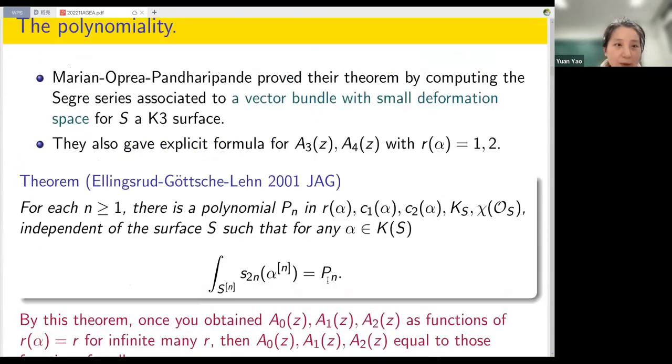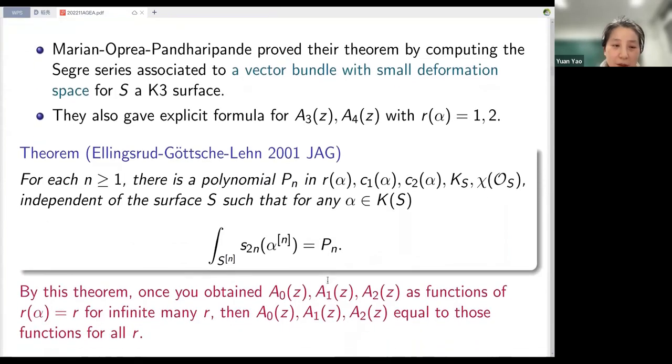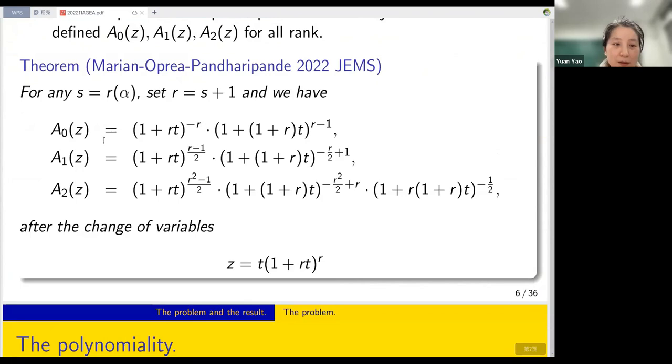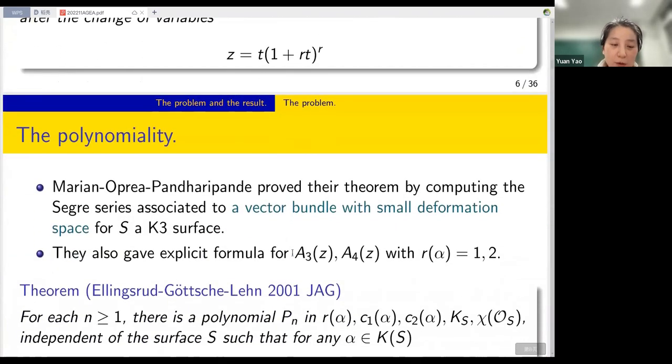So that's polynomiality. Then you get this formula, you get all expressions for all ranks, although you only compute it for positive rank, right?